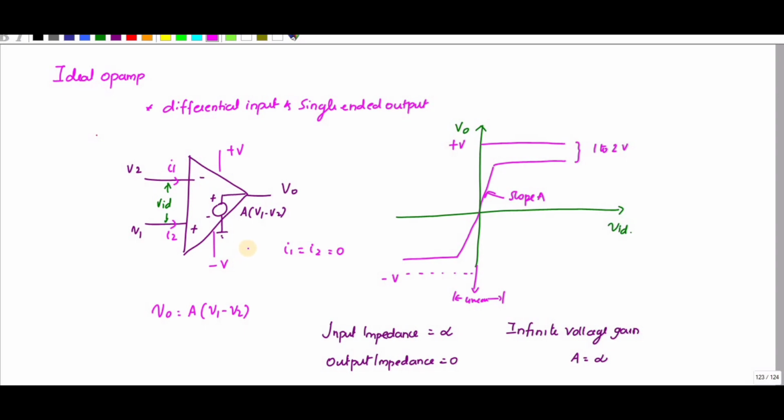So next, the gain of the ideal op-amp is infinite.